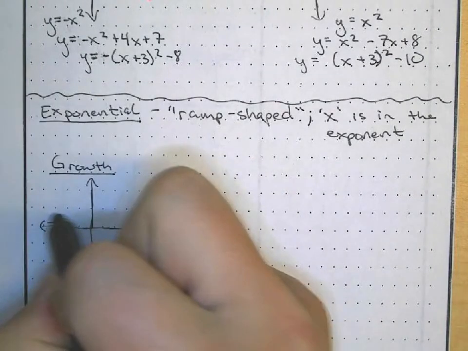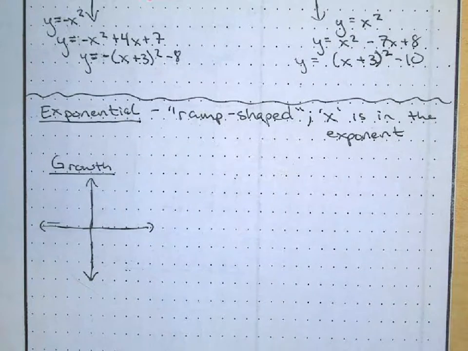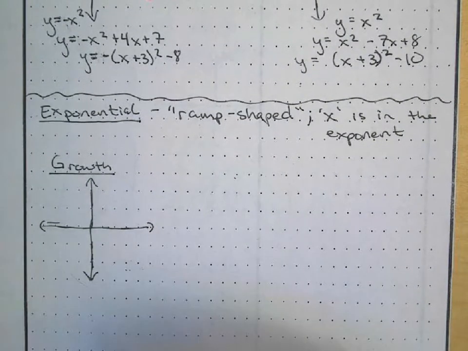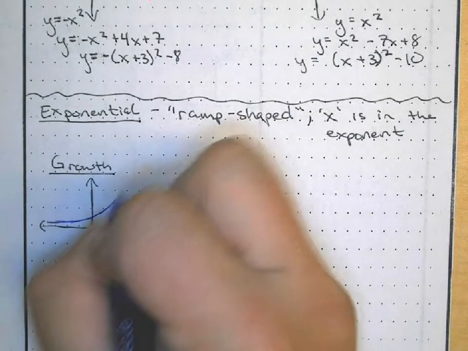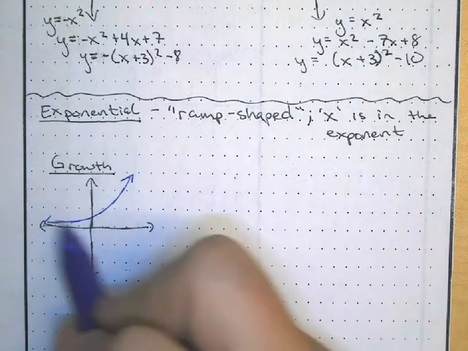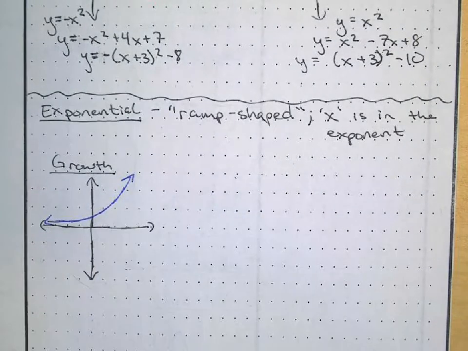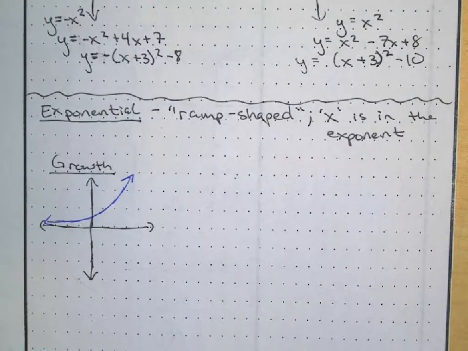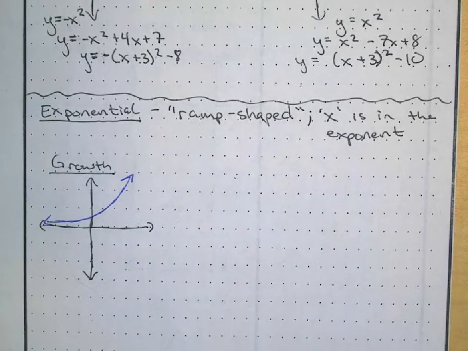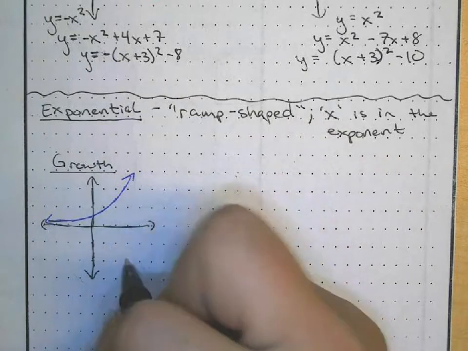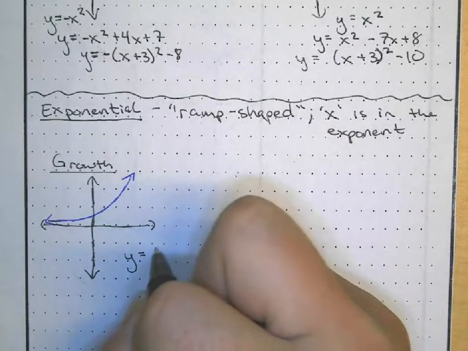That's where the graph is increasing from left to right. So it'll look something like this, and it has that quarter pipe or ramp shape, like so. And on these, we'll have example equations where we have a number greater than 1 raised to the x.